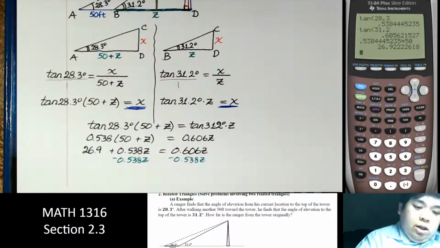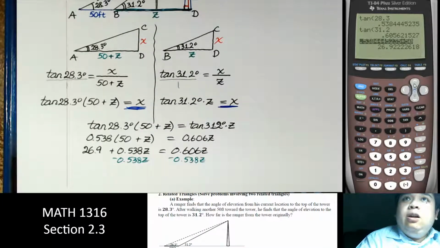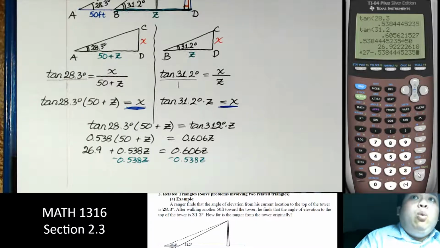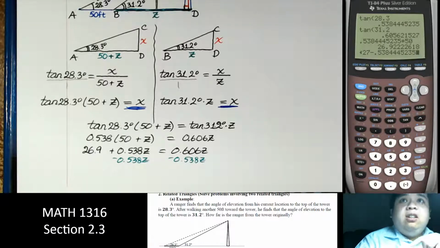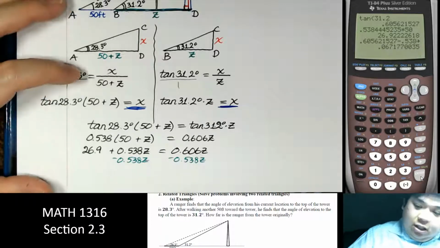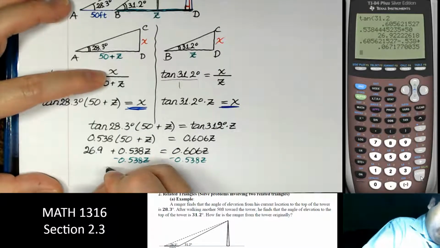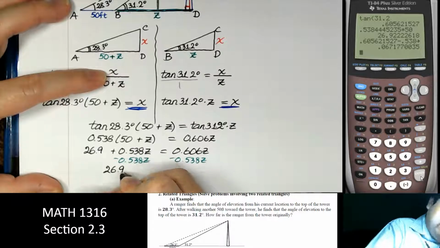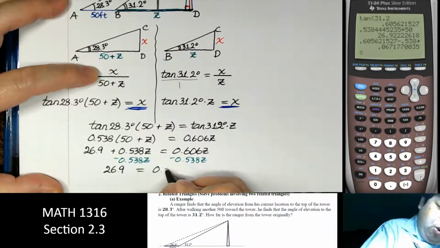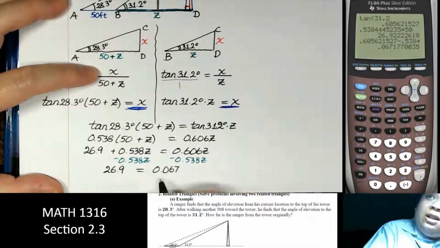So pretty much we have this number subtract this number. When we highlight the number, hit enter, it is like copy and paste, and we have that. So we have 26.9 on the left hand side equal to 0.067 z.